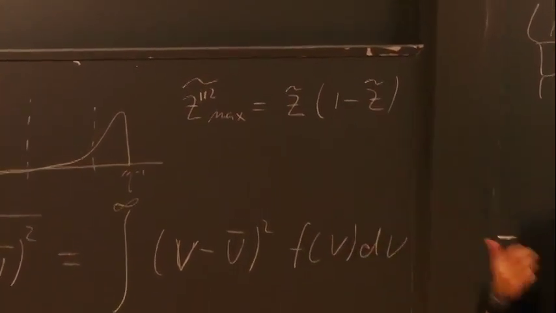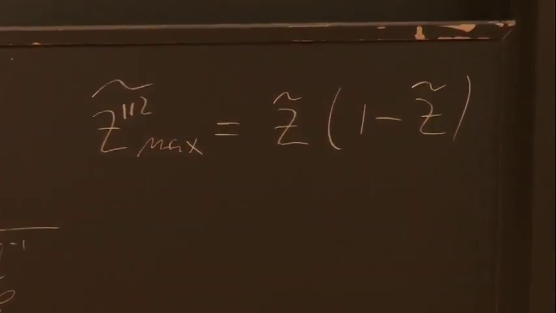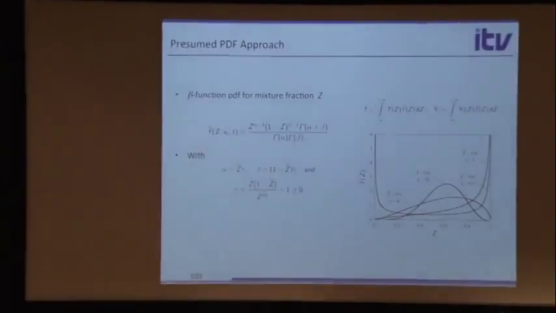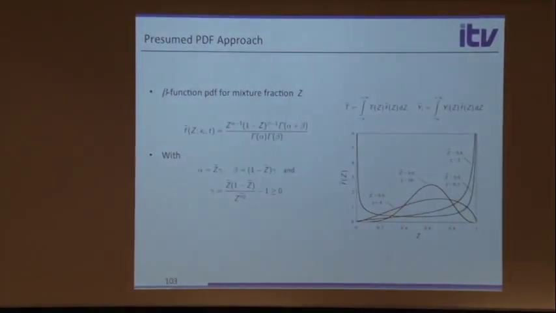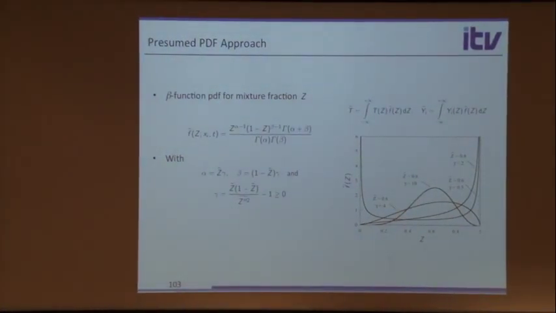That's easy to show. Depending on the value of z, the maximum possible variance is different. If z is 0.5, this would be 0.25. But if the mean gets very small, then also the maximum possible variance gets smaller. But anyways, the maximum possible variance always gives you the double delta function. So if this is maximum, then it's equal to this.